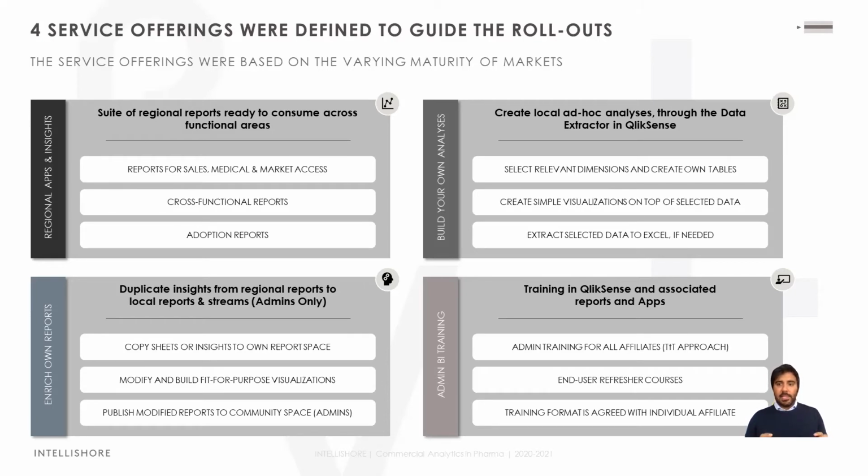So what we did was we used our reporting catalog, our BI catalog, as the foundation, and the admins were then allowed to copy our reports, our sheets, into their own report spaces where they could enrich or tweak our reports, and finally publish those new refined reports into a community space for their own affiliate. And that acted as a really strong way of boosting adoption. So each admin had the ability to fine-tune the regional set of reports that were delivered to local requirements.